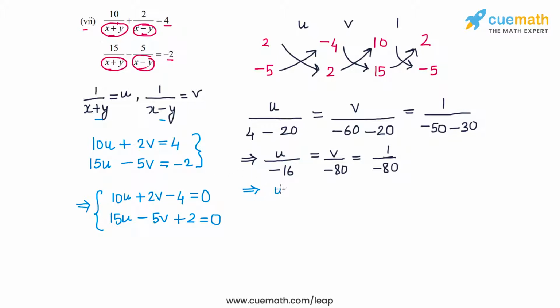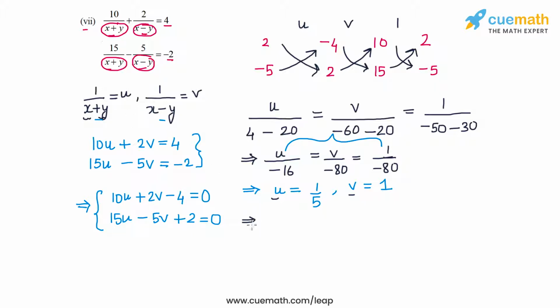So for u we compare these two terms, so we get u equal to minus 16 by minus 80, so that's 1 by 5. So u is equal to 1 by 5, and we get v equal to minus 80 by minus 80, that is 1. Alright, we have obtained the values for u and v, but what we need to do is to obtain the values for x and y.